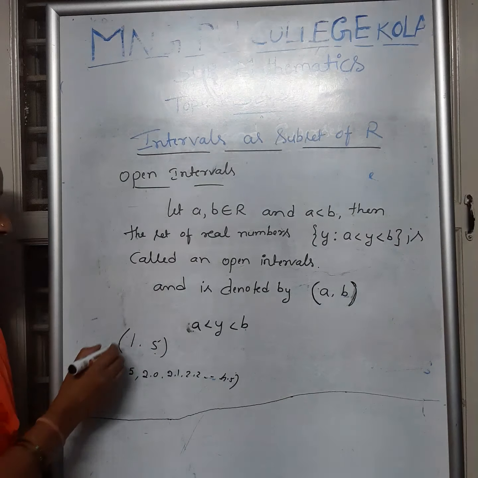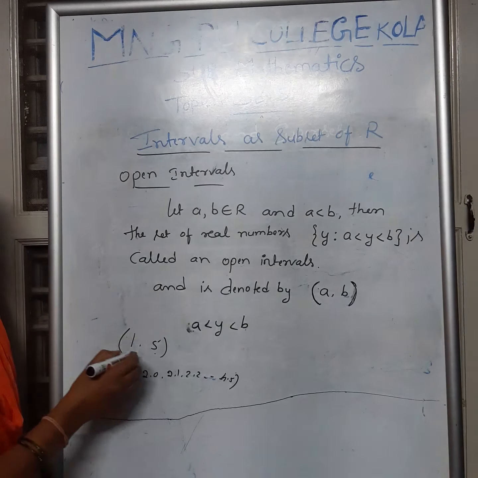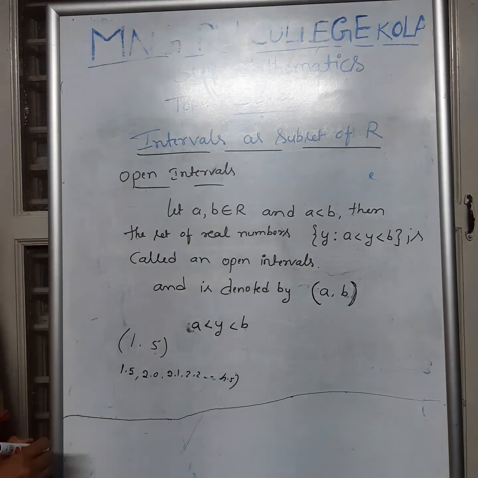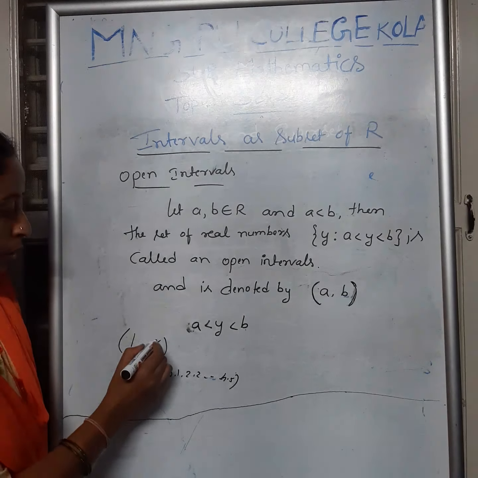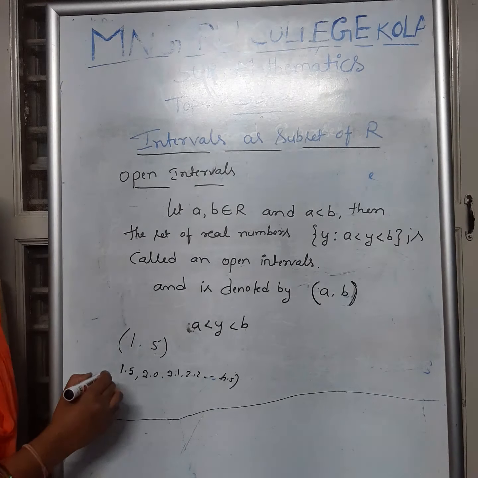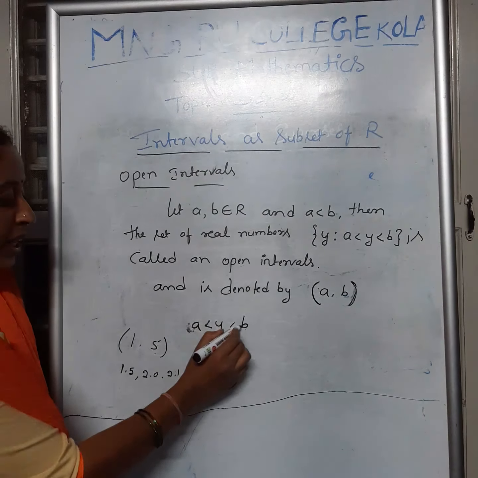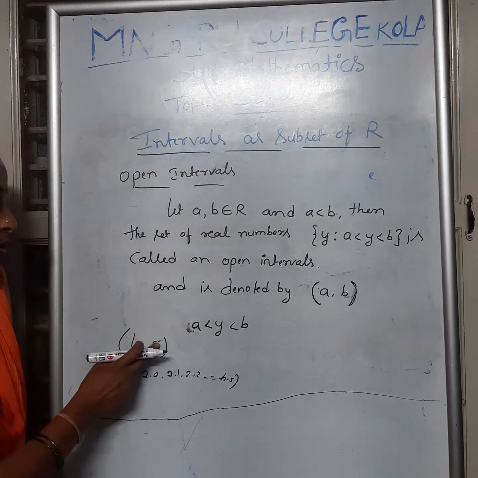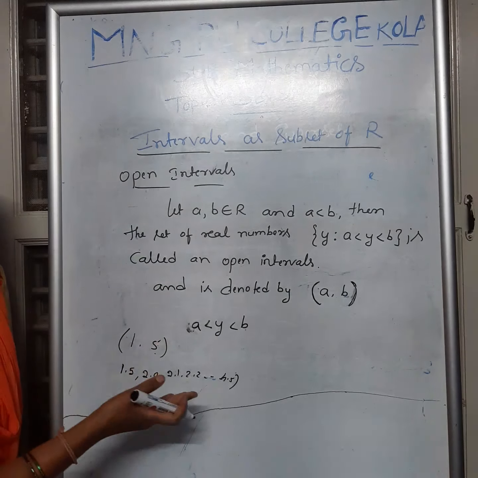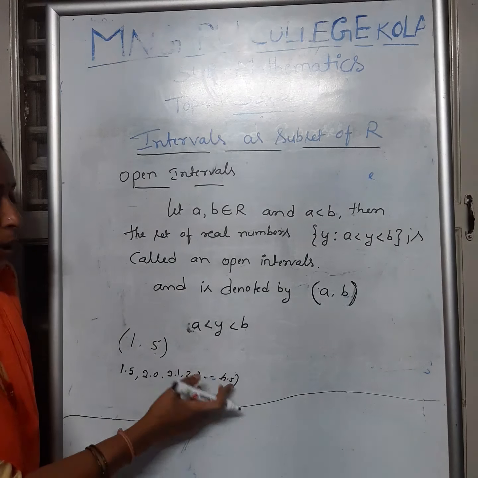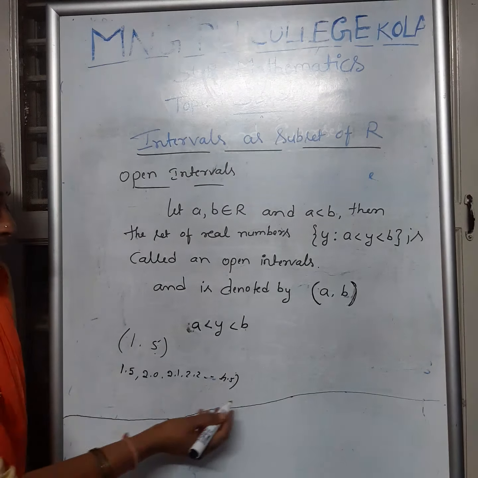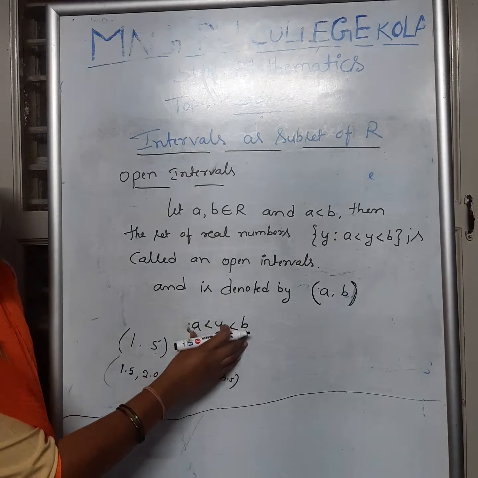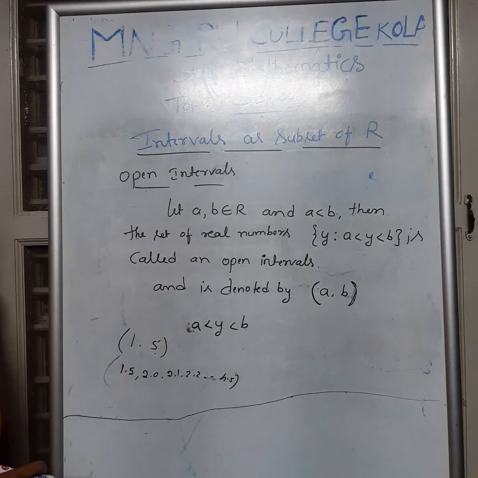We just take values after 1, because y should be greater than a. And we end before 5, because y should be less than b. The y value should be a lesser number than 5. So 4.5 is less than 5, no? Then I will stop there. Like this we should take the points in open intervals.